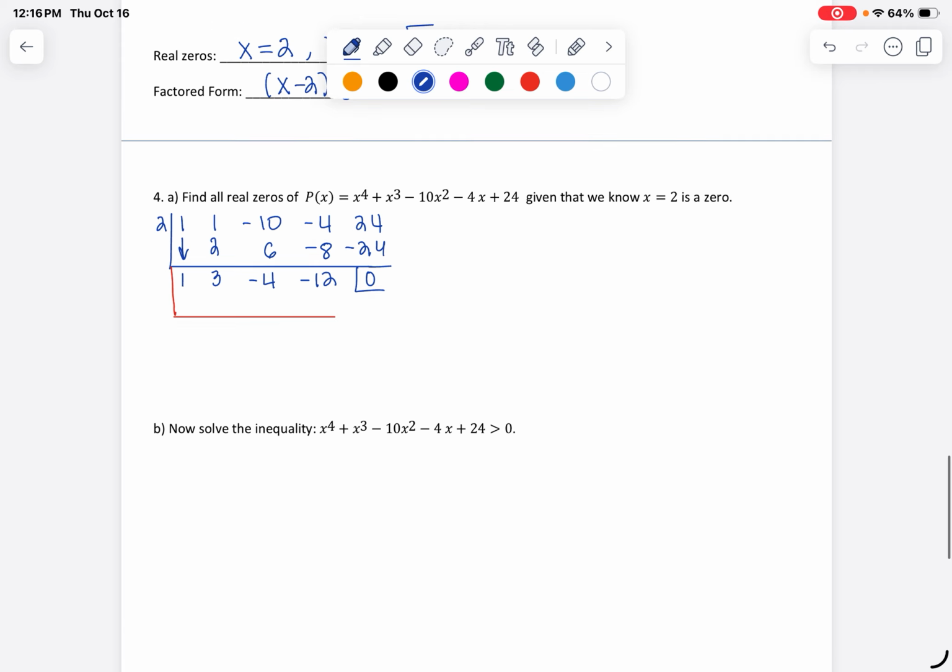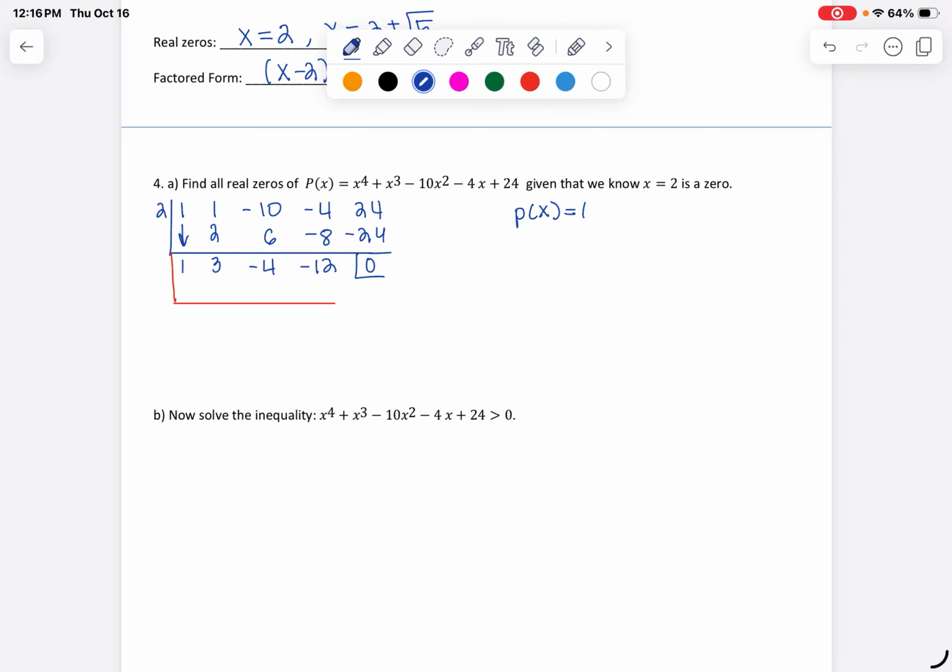So far I have it factored to P of x equals x minus 2 times x cubed plus x squared minus 4x minus 12.